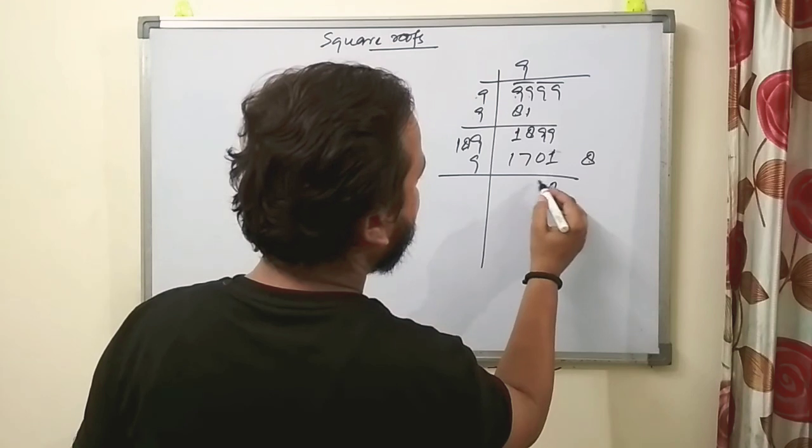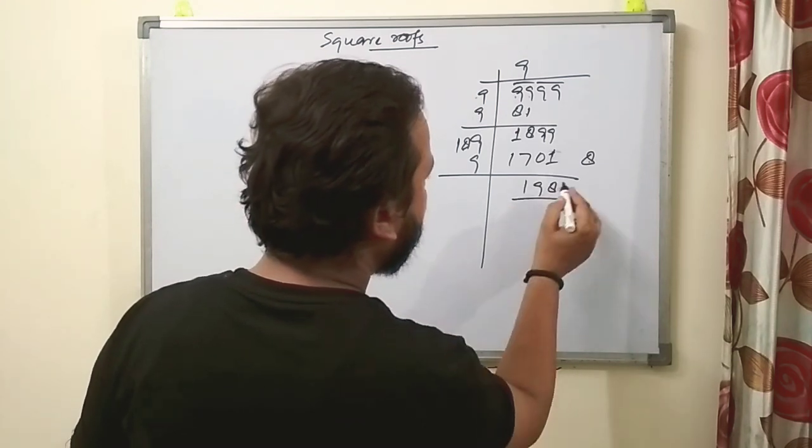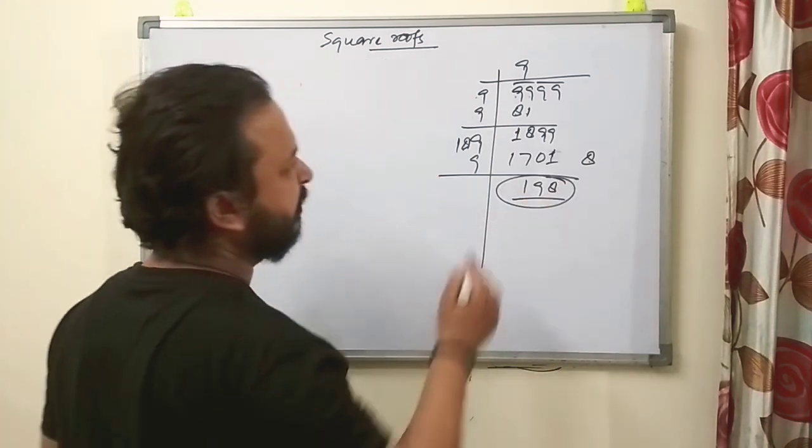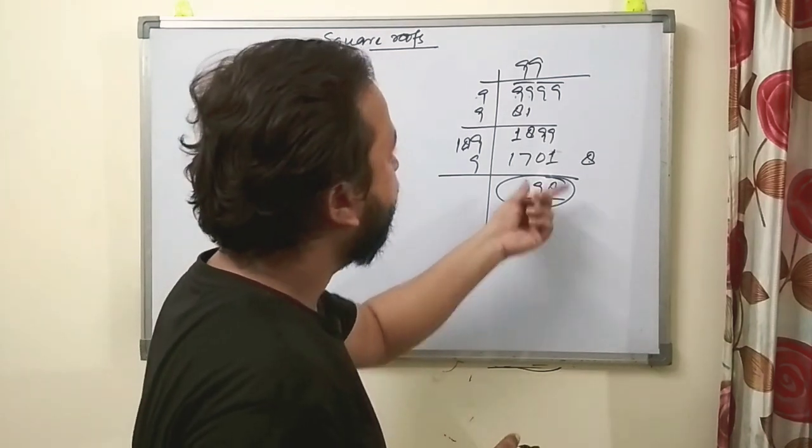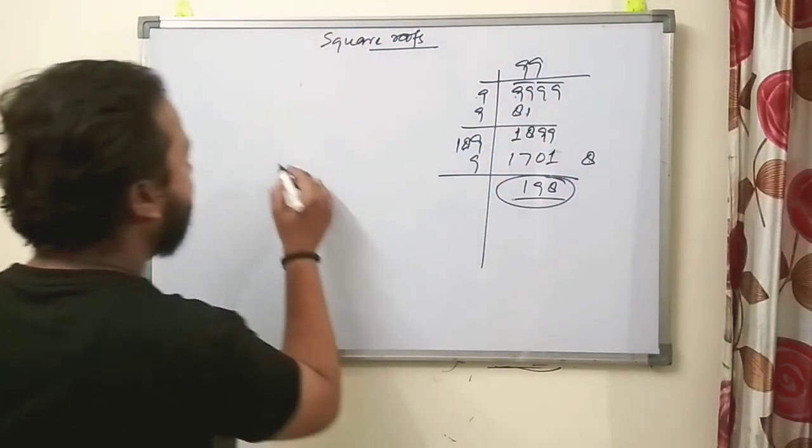So 198 is the remainder, right? So you must subtract 198, and you will get the value.